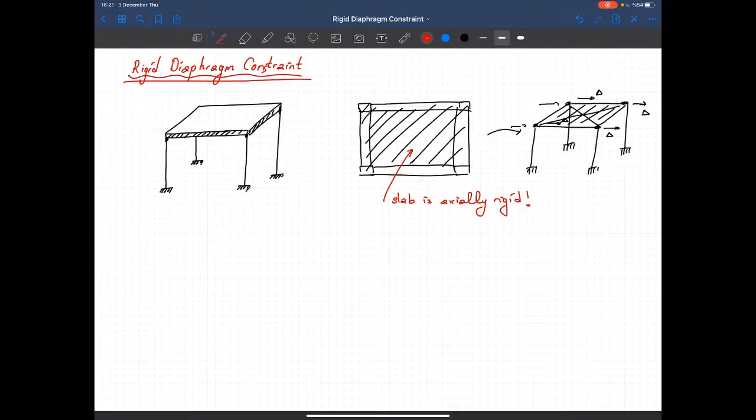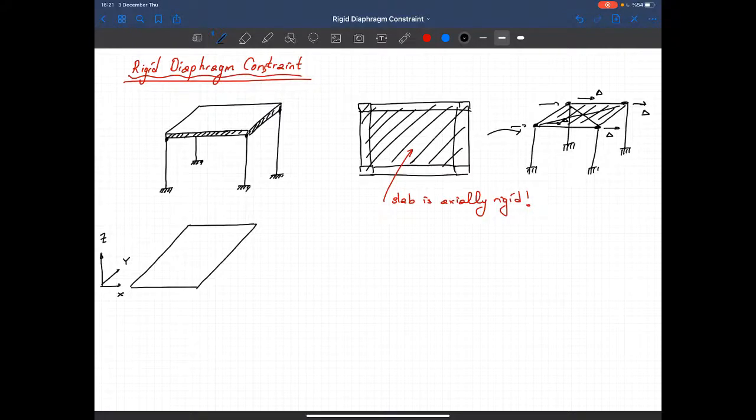Now, in this type of definition, this is what we do. Assume that I have this slab, a rectangular slab. It doesn't matter, the shape doesn't matter actually. Let's say that that's the x direction, that's the y direction, and that's the z direction.